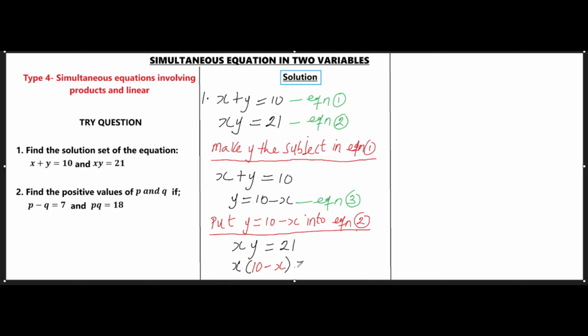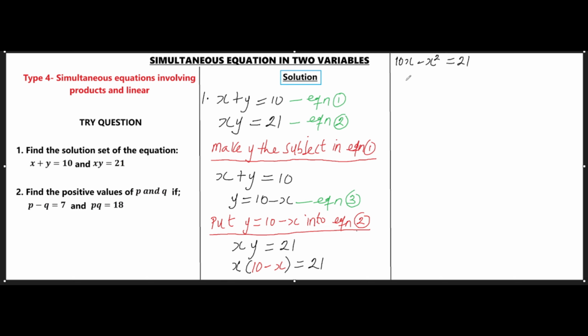So this must be equal to 21. So let's expand and see. 10 by x, we have 10x, and then x by minus x, that is minus x squared. So this must be equal to 21.